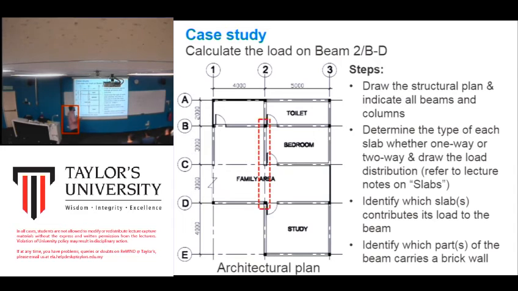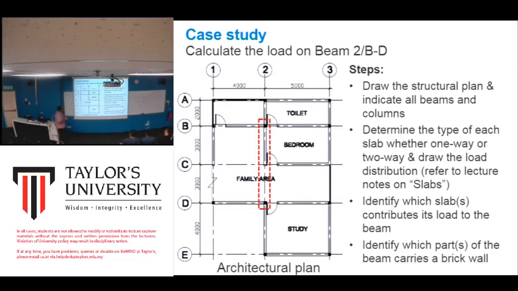And then you need to determine the type of each slab, whether one way or two way, and draw the load distribution. For this you need to refer back to my notes from last week, and then identify which slab contributes its load to the beam, and which parts of the beam carry the brick wall. Here, as you can see, this is the architecture plan.